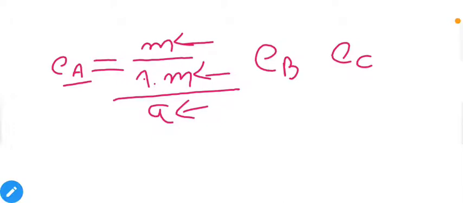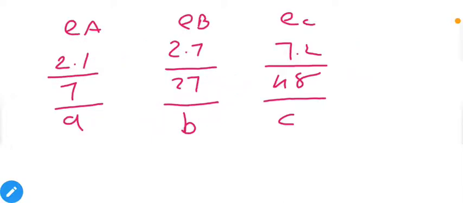So our equations will be EA is equal to 2.1 divided by 7 divided by A, EB is equal to 2.7 divided by 27 divided by B, and EC is equal to 7.2 divided by 48 divided by C. Each of these first values is the mass of metal obtained during the electrolysis, these are their atomic masses, and these are the n values, that means the number of electrons to obtain 1 mole of metal from its ion. And as we know, the equivalents will be the same. So EA is equal to EB and EB is equal to EC. All of these values are equal.